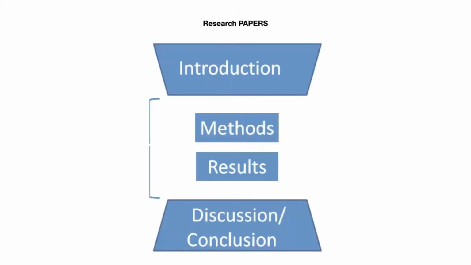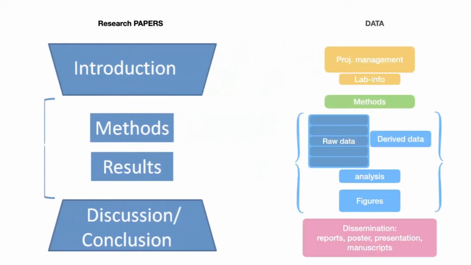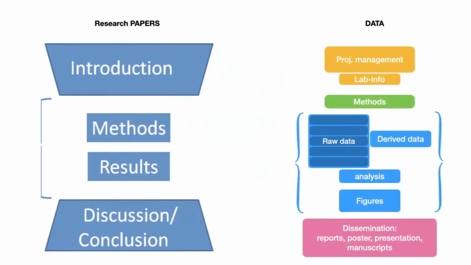And for a research paper, it's pretty simple. Most papers are organized the same way. You get an introduction, then you get the core of the research, which is the methods and the results. And then you get discussion and conclusion about what you found. And we looked at data organizations that would follow a similar structure, with project management files, like lab information, that will correspond to the introduction.